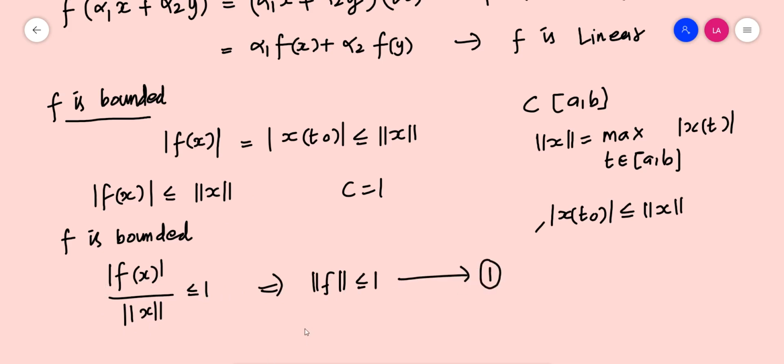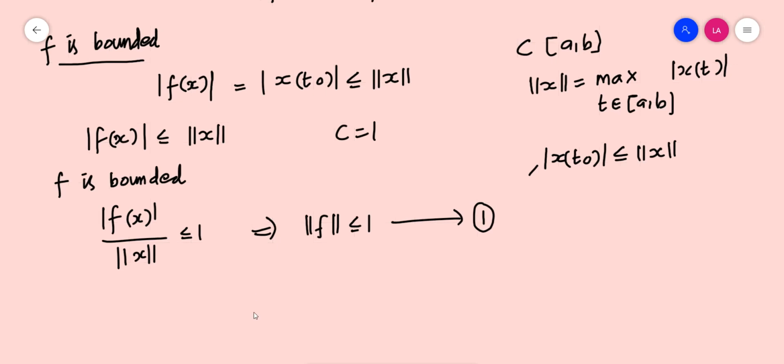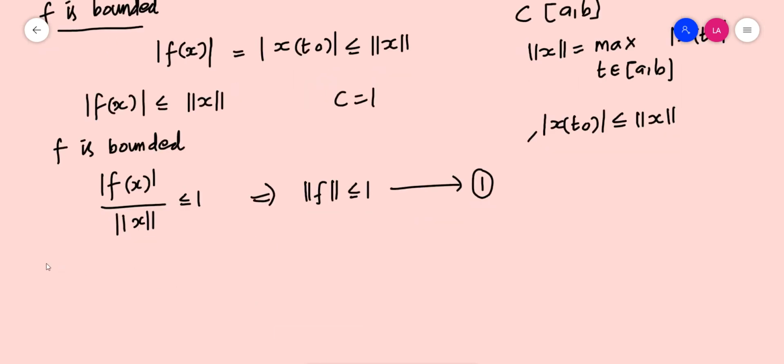Now moving on, if you take x of t as the unit function 1, which is clearly a continuous function on the closed interval [a, b], then x of t naught should always be 1. And clearly norm f is the supremum over all x of modulus of f of x by norm x.